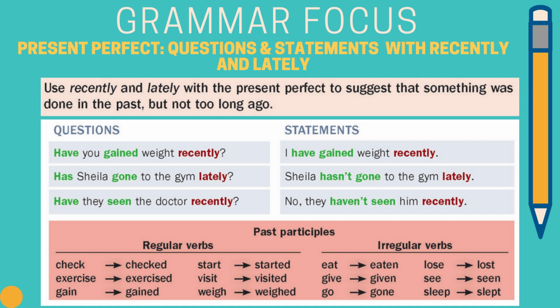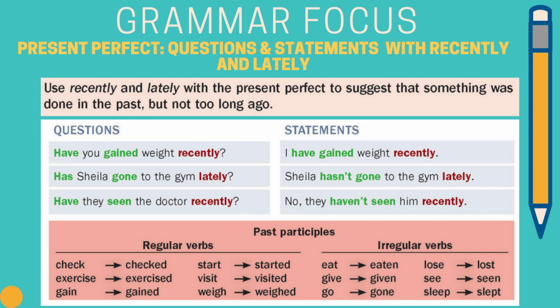Now, of course, there are always those pesky irregular verbs. Verbs like eat and give and go. To change irregular verbs into the past participle, we do very different things. Eat becomes eaten. Give becomes given.